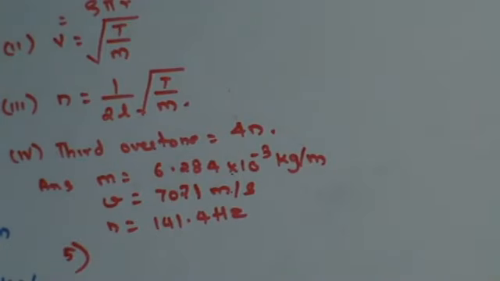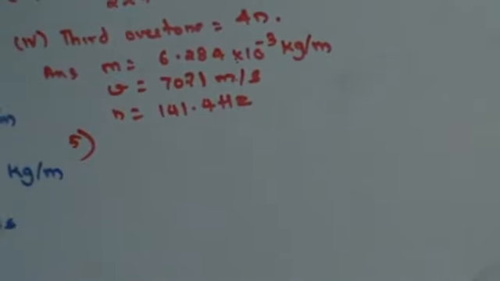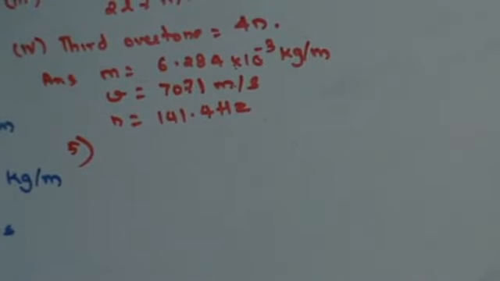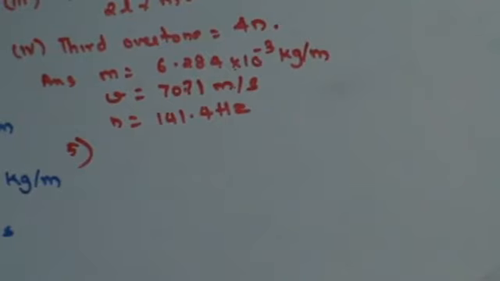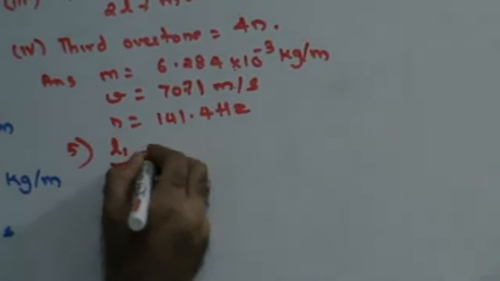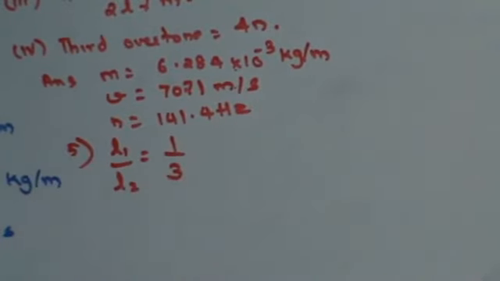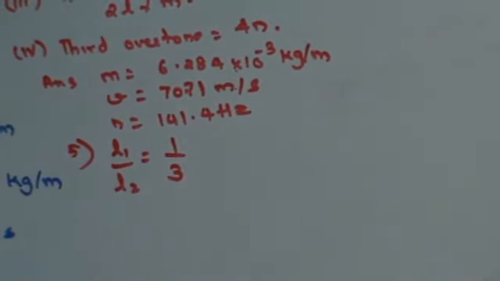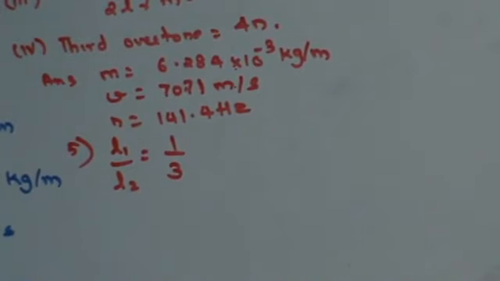Two wires of the same material have the same diameter and their lengths are in the ratio of 1:3.